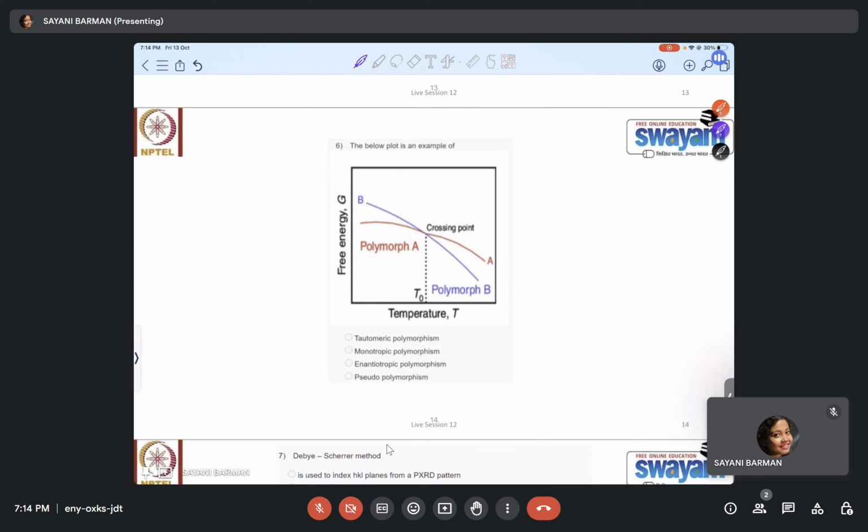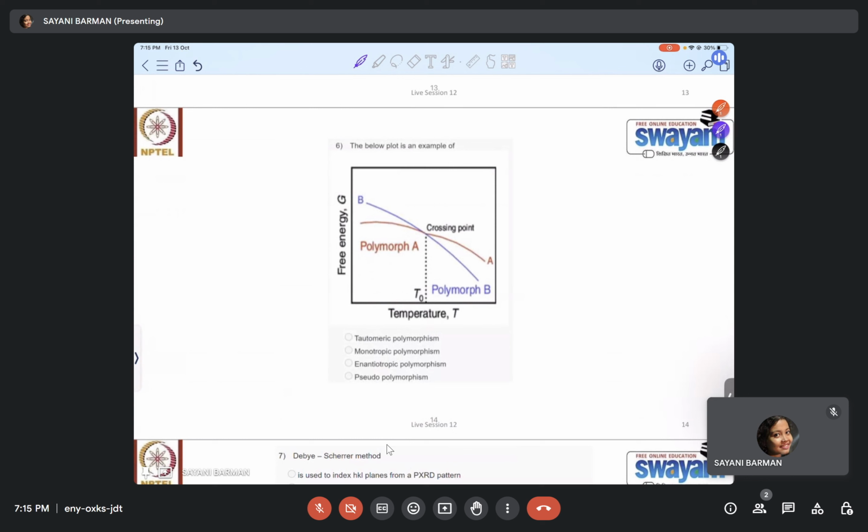Okay. The next one is enantiotropic polymorphism. Enantiotropic polymorphism is when two or more crystalline forms of a substance are thermodynamically stable under different conditions such as temperature, pressure, etc. These different forms can coexist at equilibrium but are stable at different regions in the phase diagram.